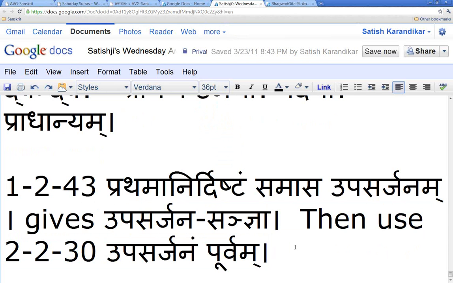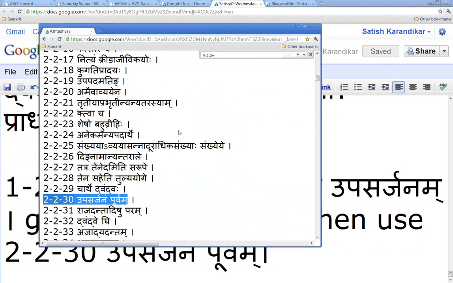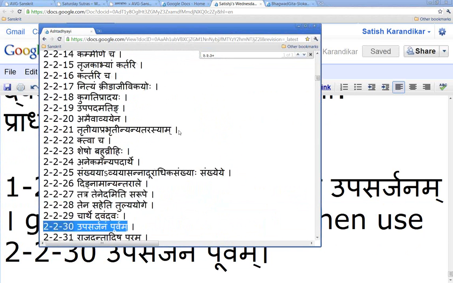Take a quick example: Raja Purusha. Why did Rajan become the first padam?